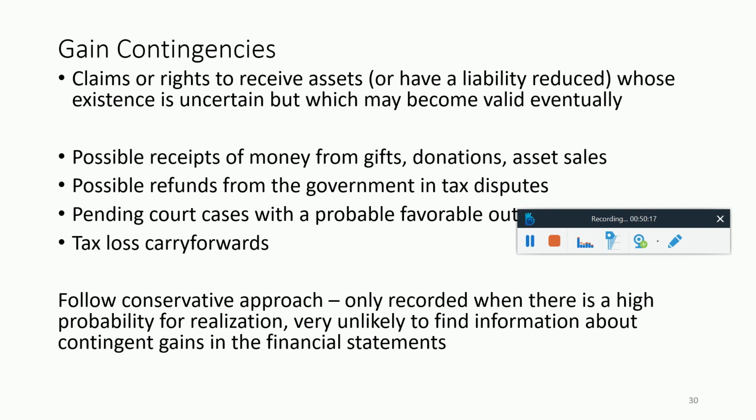The reason for that is you don't see anything about a gain contingency in the financial statements until it is fully settled and the amount is known. Much of US GAAP is based on a conservative model. We don't want to record revenue before we're absolutely certain that we have a right to it.